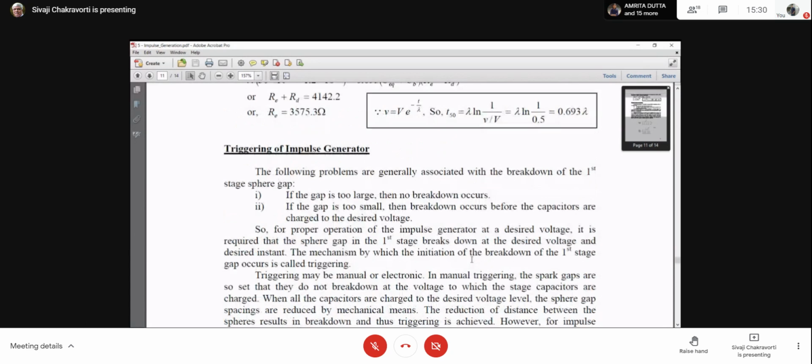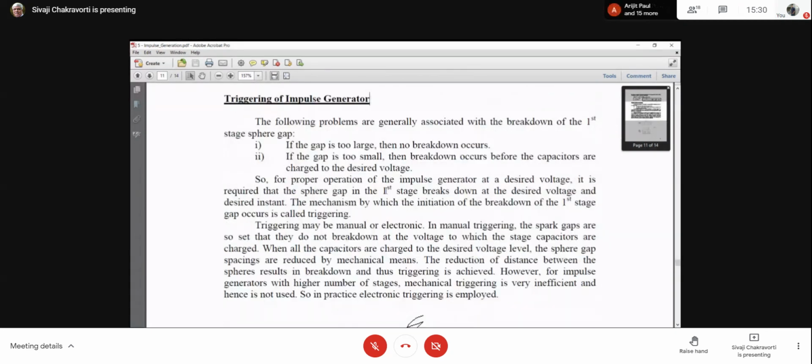Now I have already told you that the impulse generator has to be triggered. If there are multiple sphere gaps in an impulse generator, it is always required that the first stage breaks down at the desired voltage and at the desired instant, and the other gaps break down automatically. How do we ensure this?